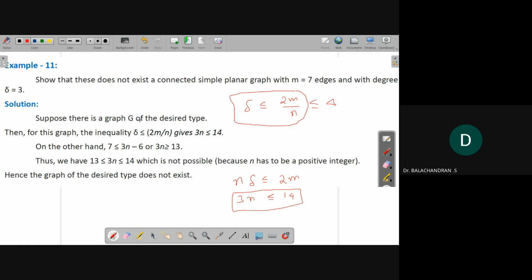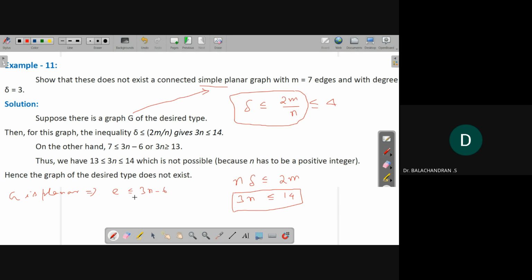That means G is a planar graph with the number of edges 7 and minimum degree delta. Since G is planar, the number of edges e is less than or equal to 3n minus 6.